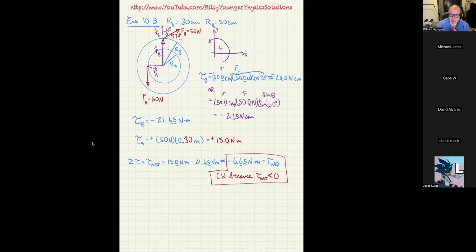Well, the rotational analog is the net torque is equal to I alpha, where I is the moment of inertia. But the more general one is the net torque is equal to dL dt, where L is the rotational momentum, the angular momentum. That was the word I was going for.